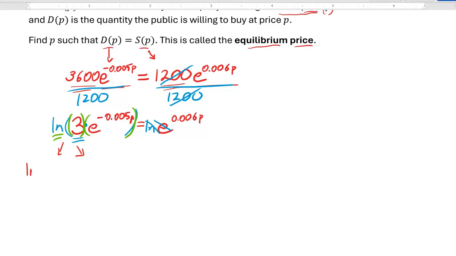So I can say this is the natural log of just 3 plus, there's the sum, plus the natural log of just the e to the negative 0.005p. Now I didn't have to worry about that on the right side because on that side I got rid of the 1200, so I only had the e. So my right side's looking good. It's just 0.006p.